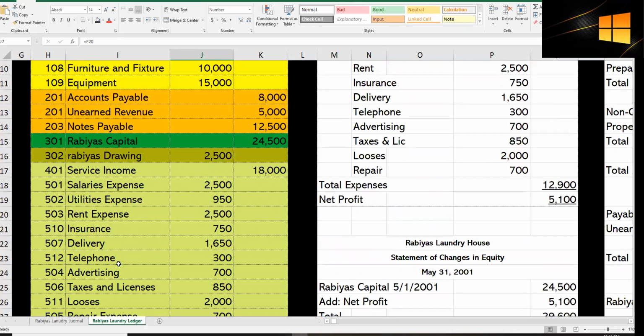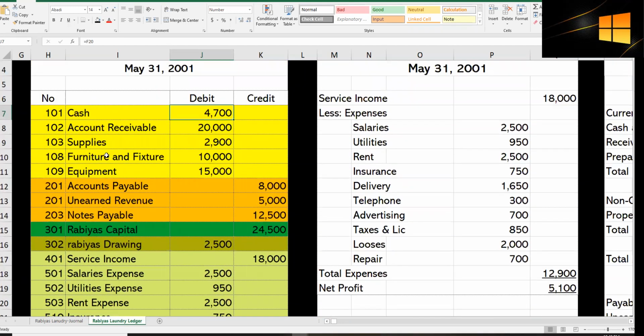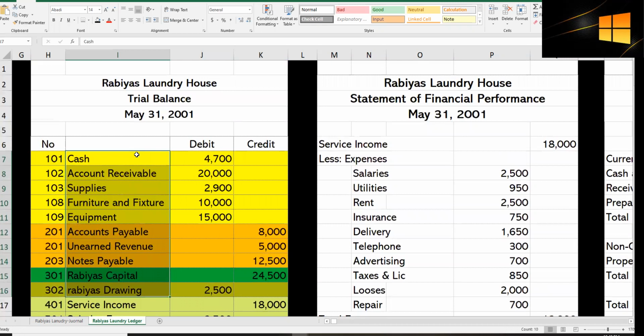So mas madami po yung mga expenses. But perhaps makikita nyo po dito yung kulay dilaw, kulay orange, green, at saka light green. Ito po lahat ay under po ng assets, liabilities, and the owner's equity capital accounts, di ba? So lahat po yan permanent accounts.